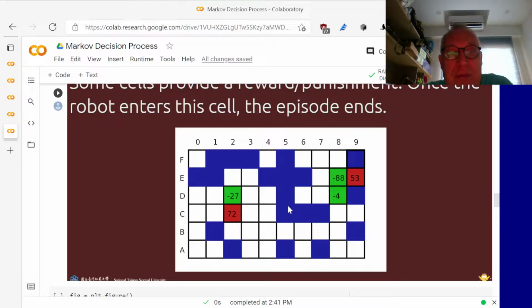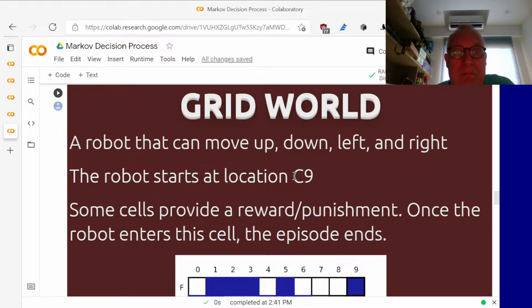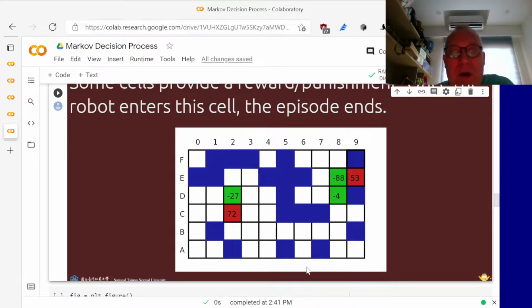The robot starts in location C9 for every episode, and then it can drive around. When the robot enters one of the green cells or the red cells, the episode terminates and the robot is brought back to C9.